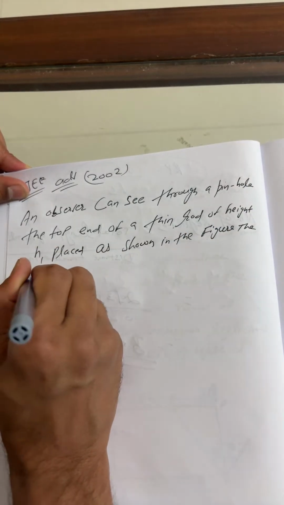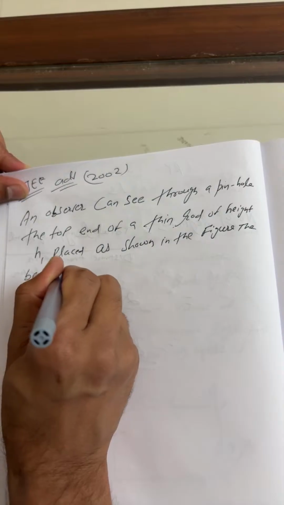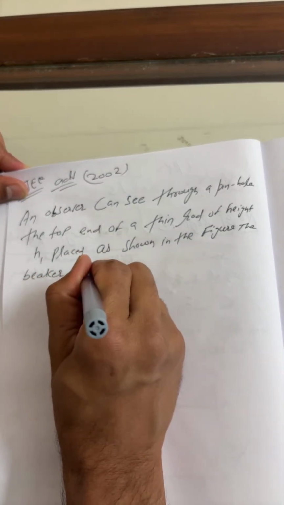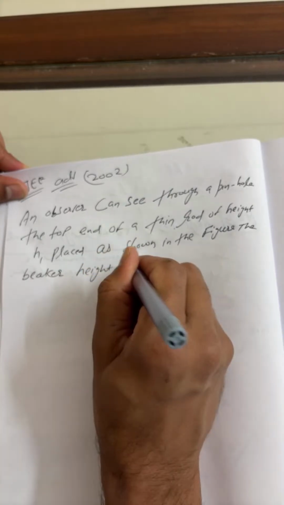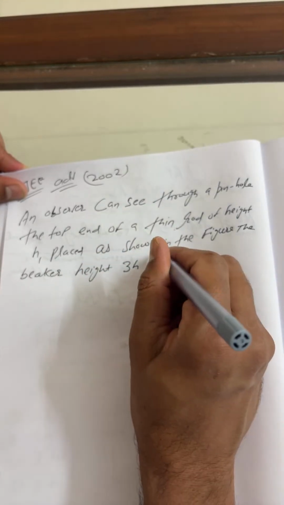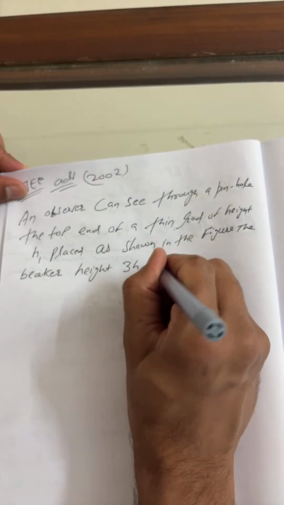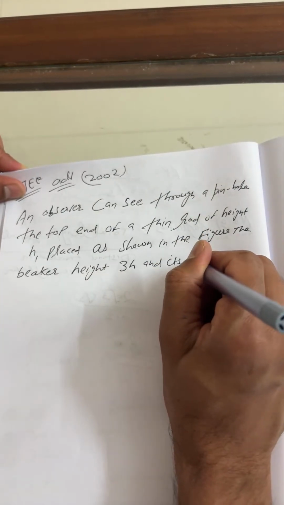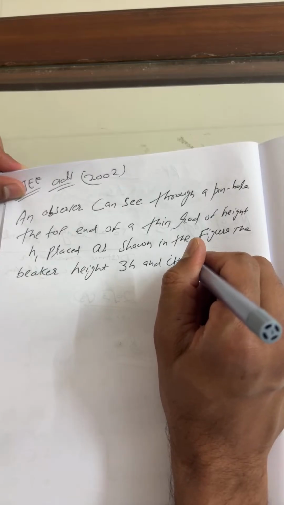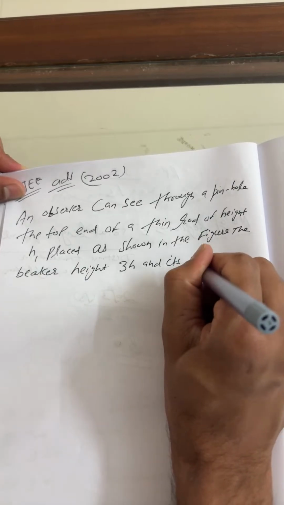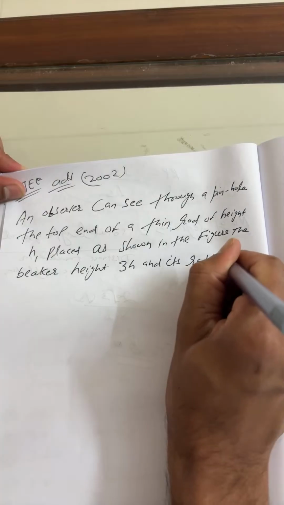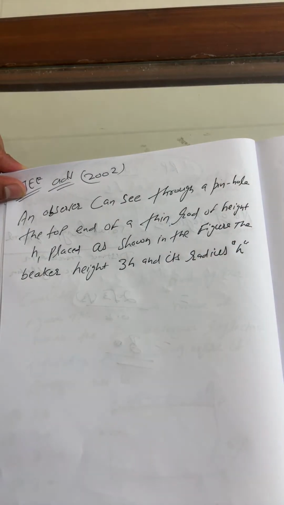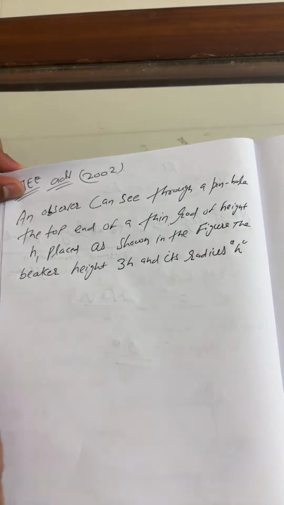The beaker has height 3h and its radius h.